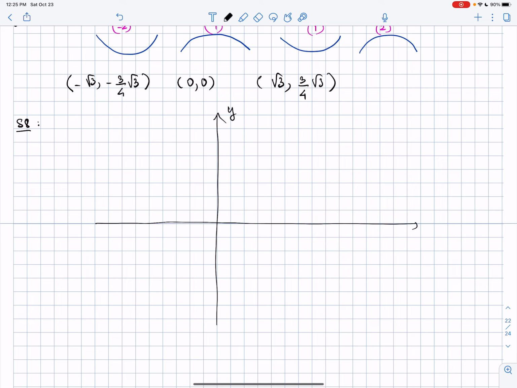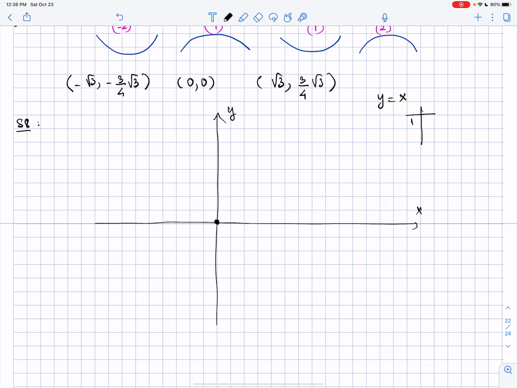So we have y and x. First of all is the x-intercept and y-intercept, which is 0, 0. We have the asymptote, so we do need to draw the asymptote. The asymptote is a slant asymptote, y equals x. This is a linear equation.